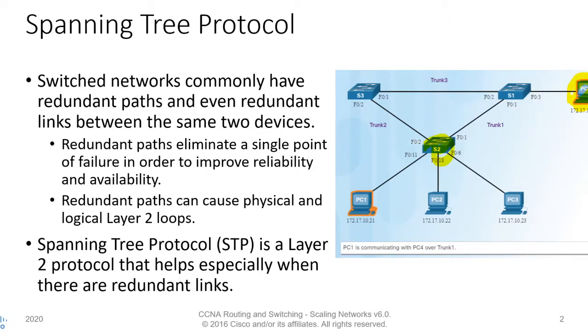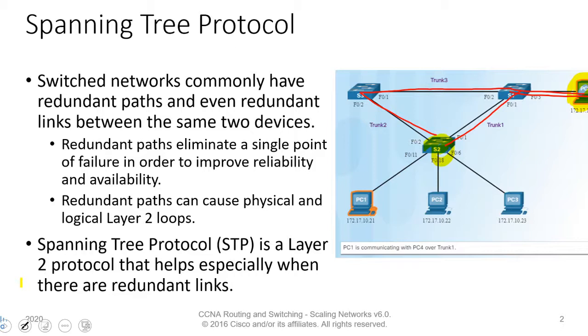We can go through a direct pathway like going to S1 and then going to the device, or we can go to S3 and then S1 and then onto the device.